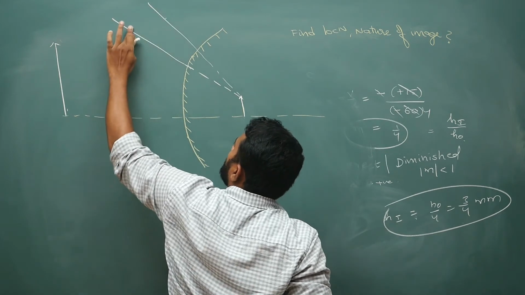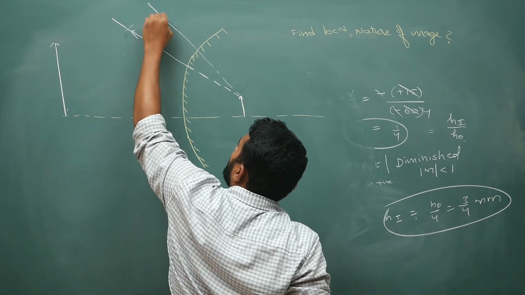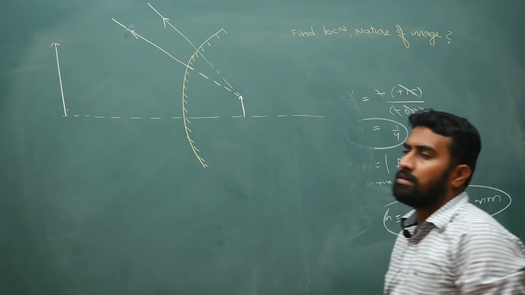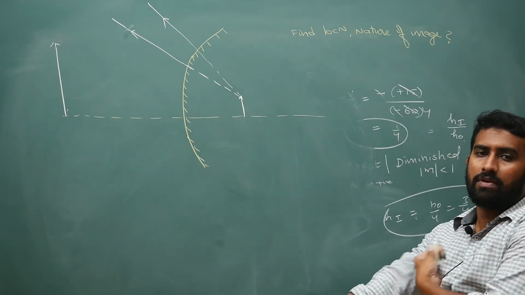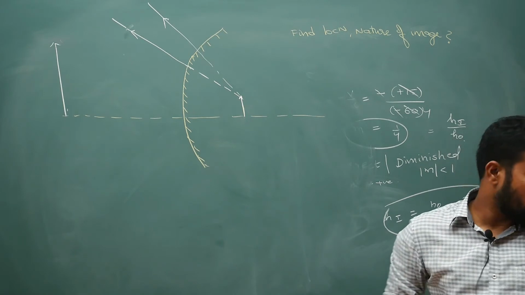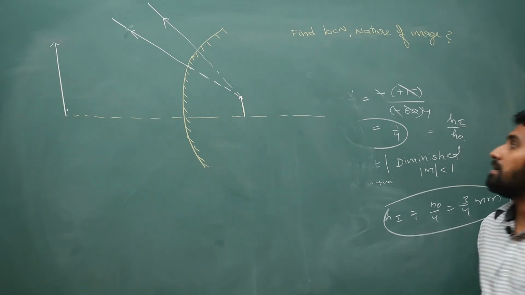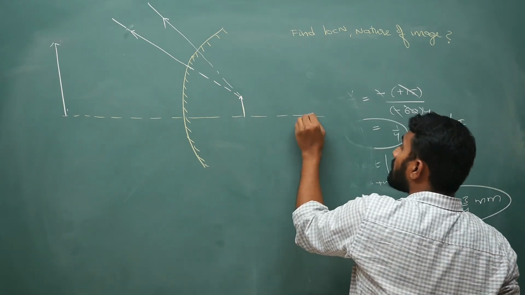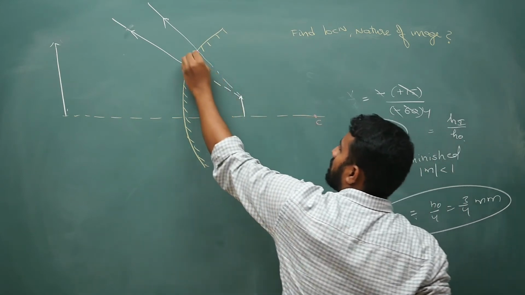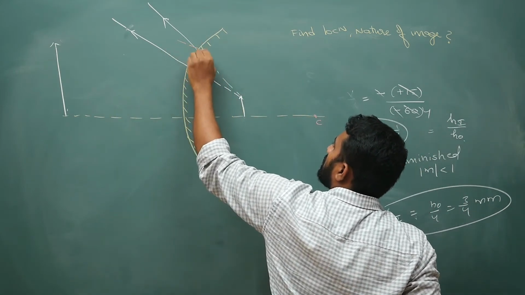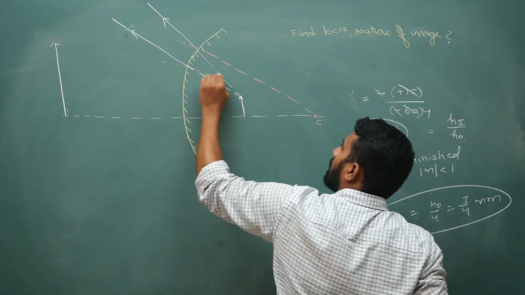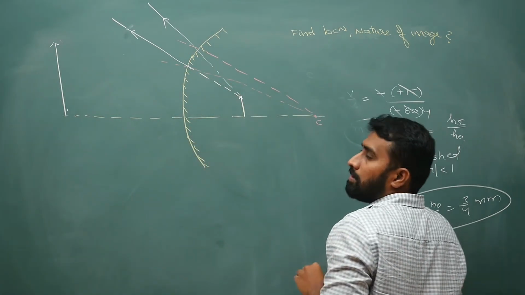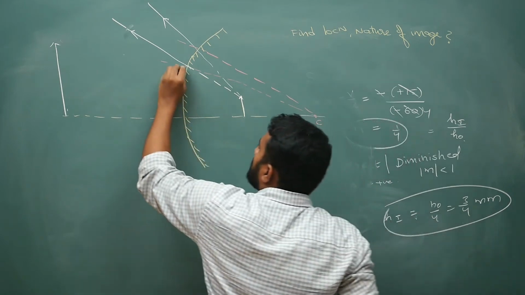These rays must be diverging. Only from diverging rays can you explain the formation of a virtual image. Now your normal here will be, if this is your center, it will be here like this.